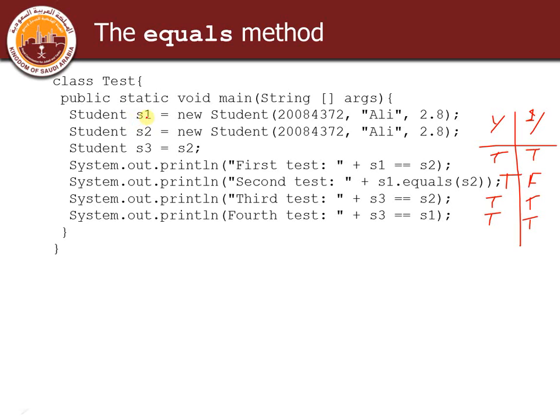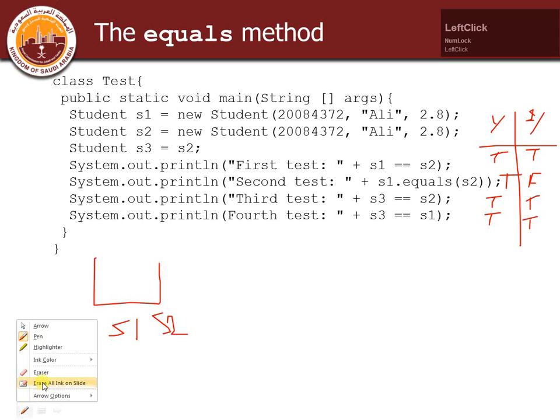When I'm doing S1 equals new Student with this ID, name, and GPA, and then declaring S2, is it going to be the same address? I mean, is S1 the same as S2? No, it won't be the same. S1 is this one that has the ID, then Ali as the name, and then 2.8.